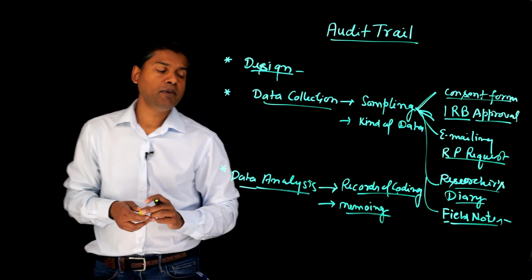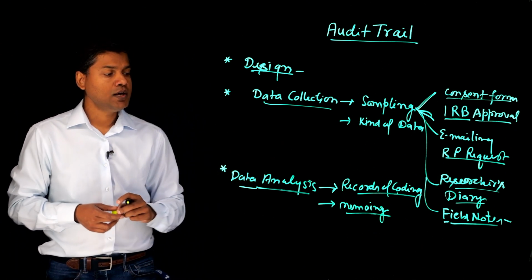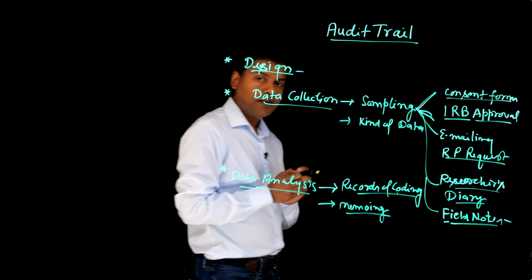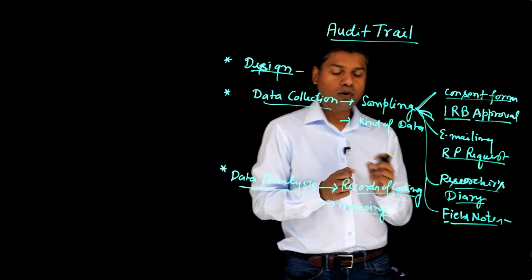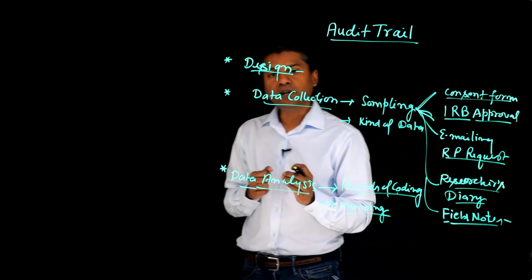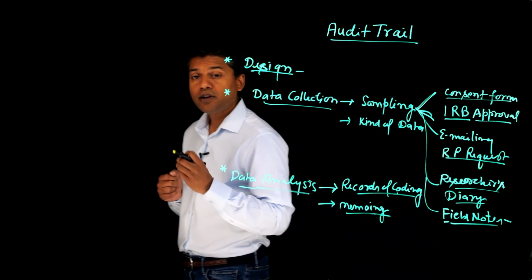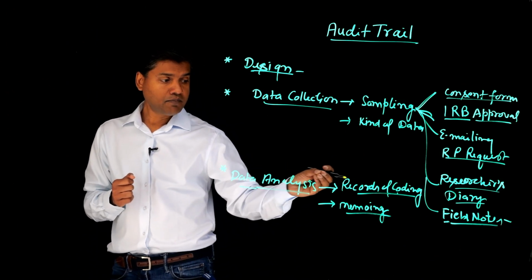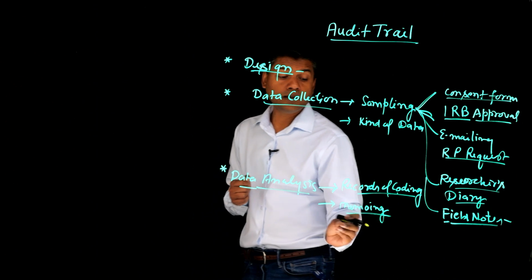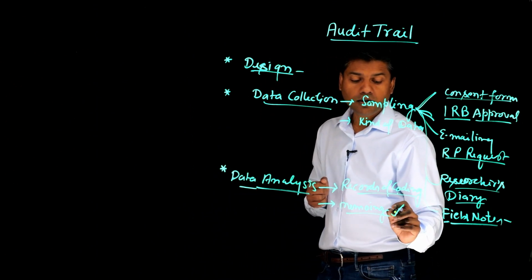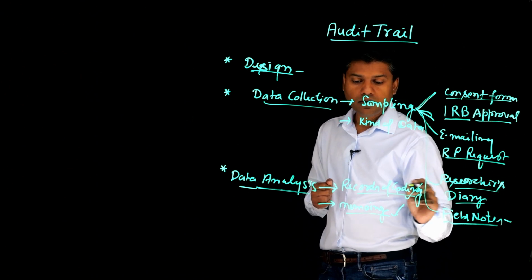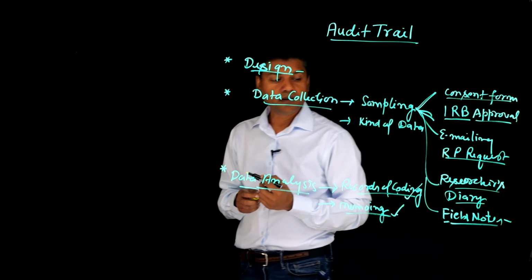Remember what we do in memoing? We write our reflections and insights about the data that we are analyzing. Maybe some insights about emerging themes and categories will be part of my memo writing. So memoing is another important part of audit trail, and obviously your records of coding.